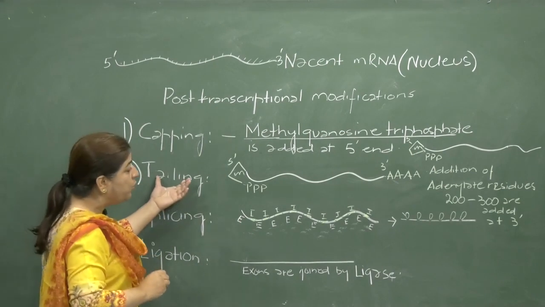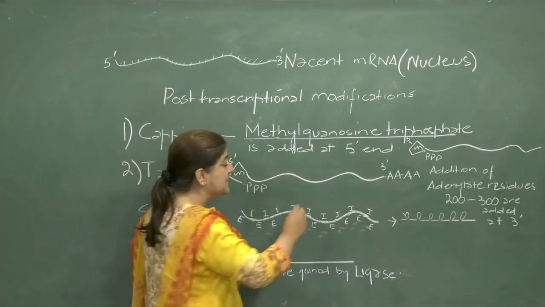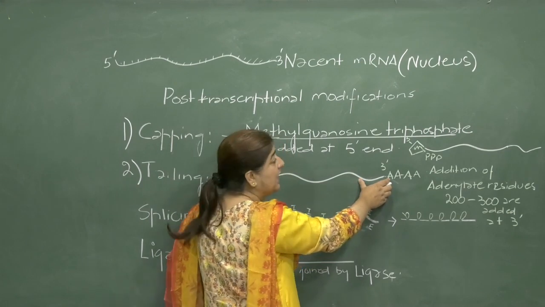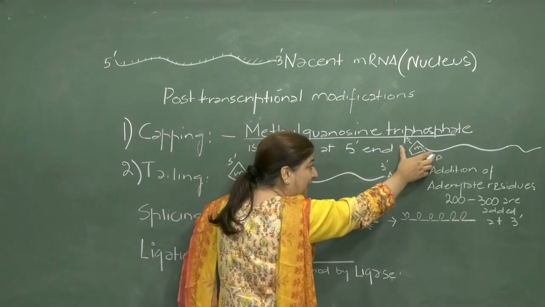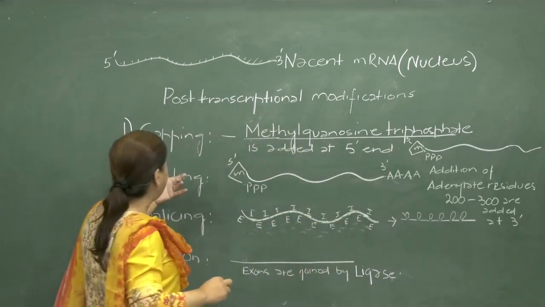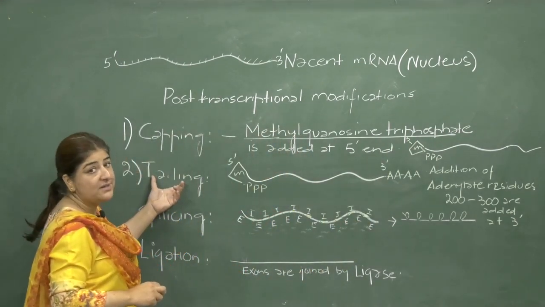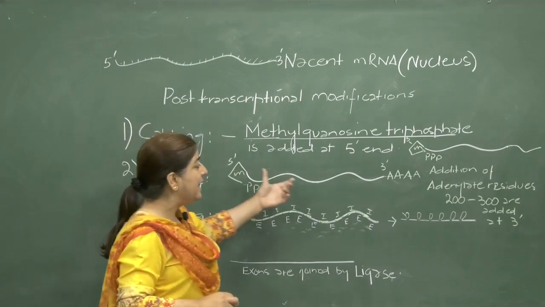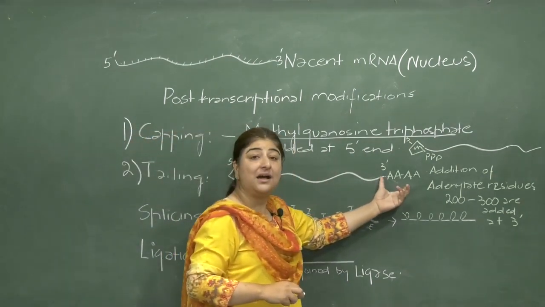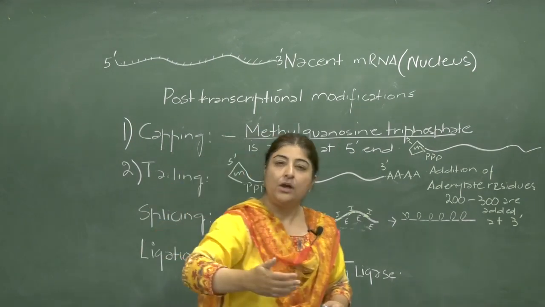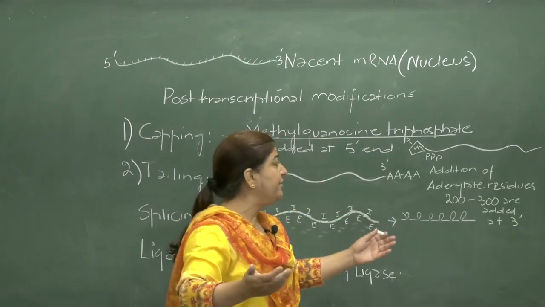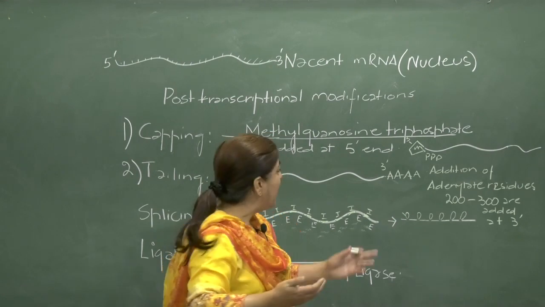In tailing, what happens? This is towards the 3' end. In the methylated guanosine cap, this was added at the 5' end. Now in the second post-transcriptional modification, towards the 3' end, nearly 200 to 300 adenylate residues are added.